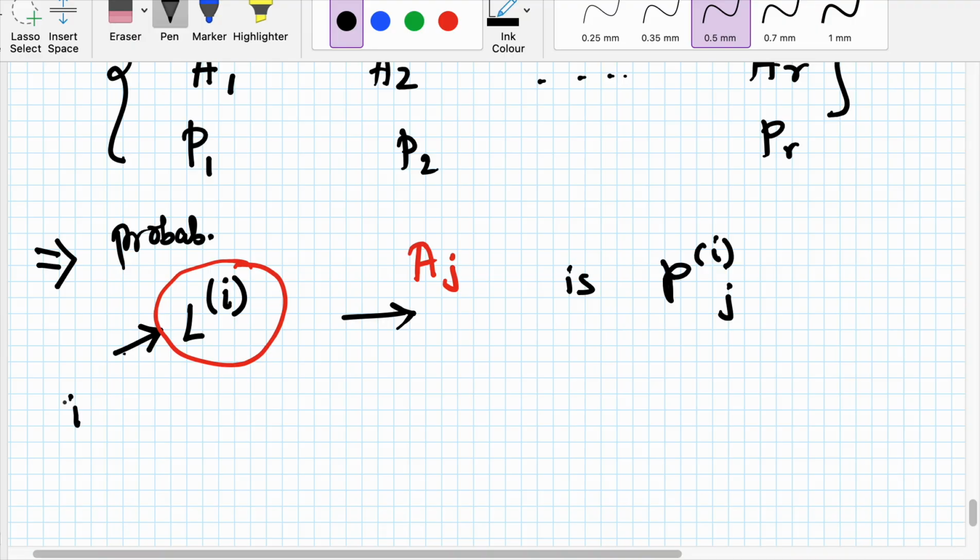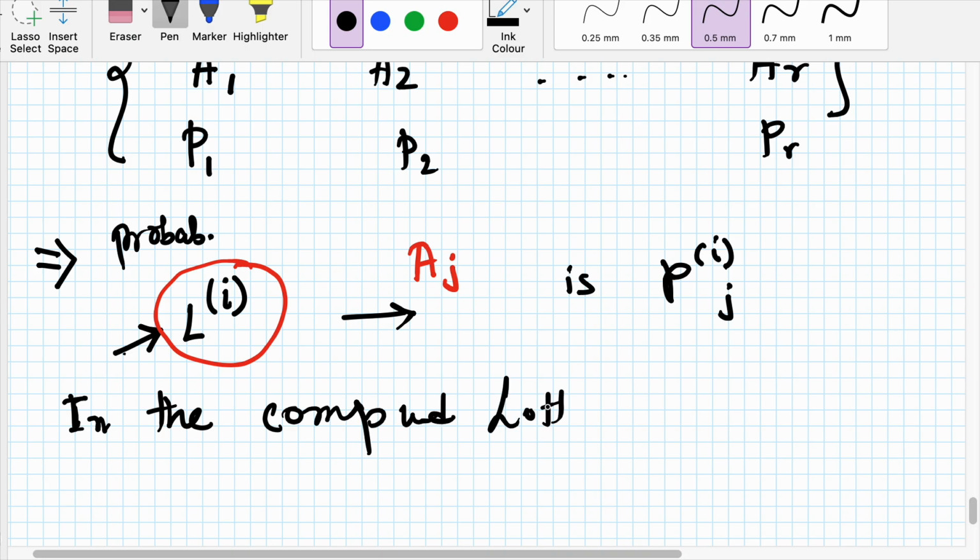Now in the compound lottery, the probability that this LI will occur is QI.